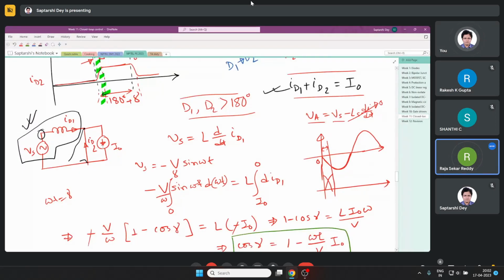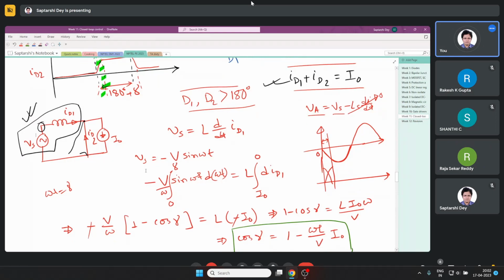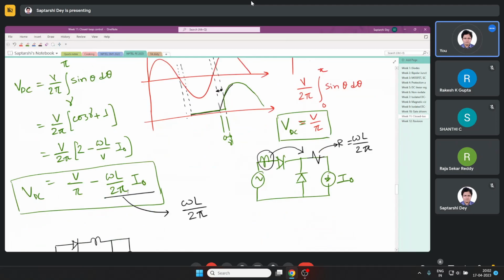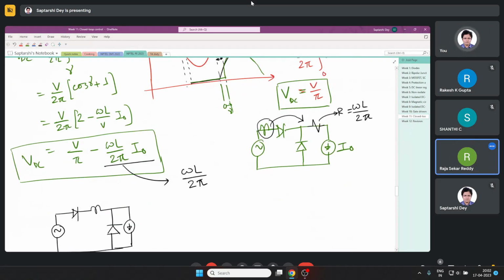Since we are short circuiting the source and load periodically in every cycle, there is a loss in output voltage during this period. When the commutation is going on, the output voltage is still 0. Then we tried to find out how much is the loss. So we found out the average voltage when there is no source inductance and when there is source inductance, and we saw that this much is the reduction in output voltage.